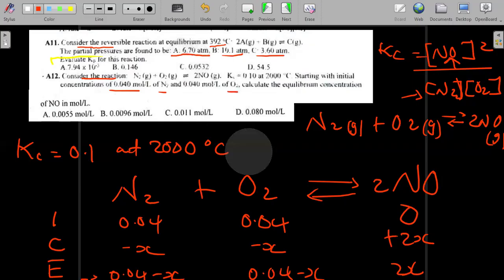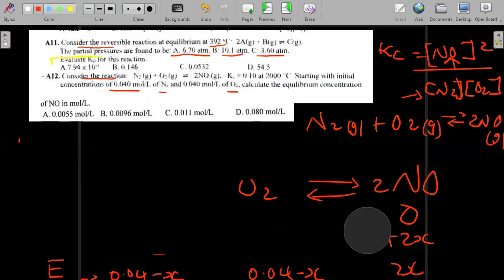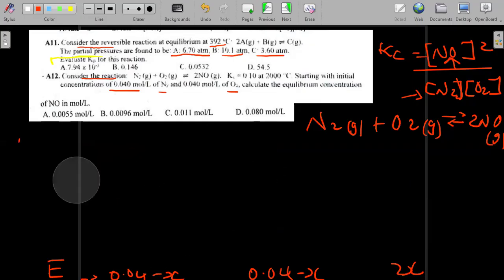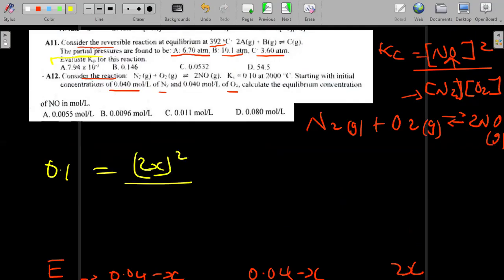Okay, so let's create some space here on top so that we can show the calculations. We're going to say the Kc value is just 0.1. So 0.1 is equal to the concentration of NO, which is 2X to the power 2, divided by the concentration of nitrogen, which in this case is that guy there.